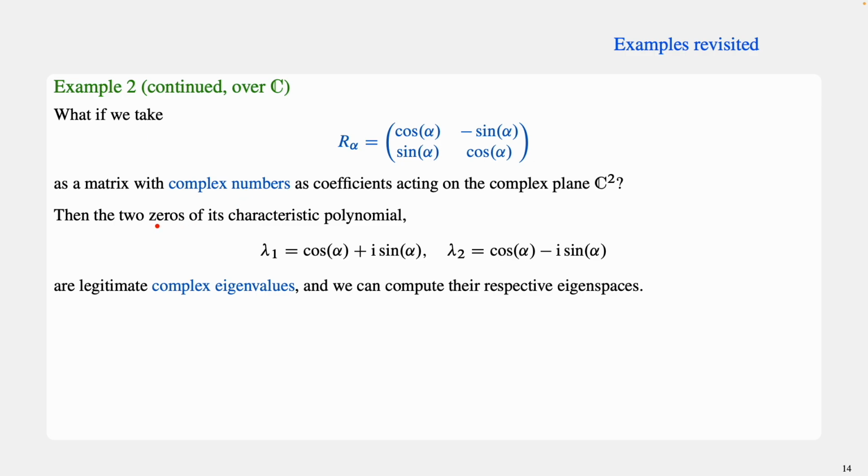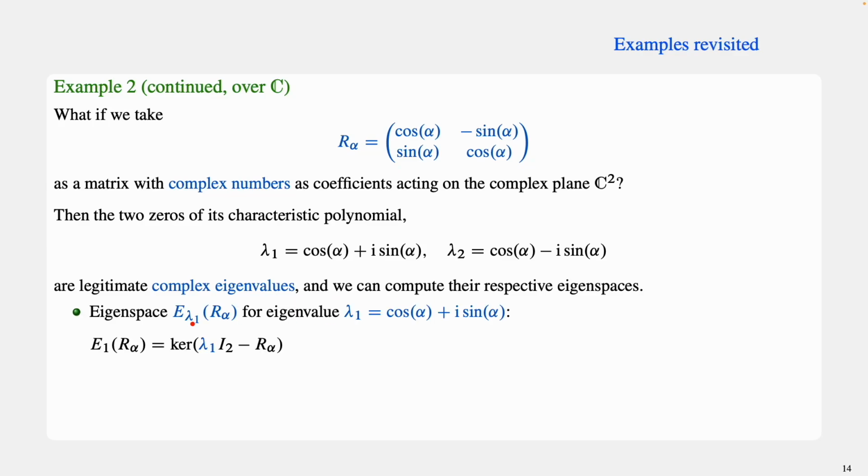And in this case, the two zeros of its characteristic polynomial, the first one, cosine alpha plus i times sine alpha, and cosine alpha minus i times sine alpha, are perfectly legitimate complex eigenvalues, and we can compute the eigenspaces for them. So the eigenspace for the first eigenvalue, which is this one, is as usual computed as the kernel of lambda 1, the eigenvalue, times identity minus our rotation matrix.